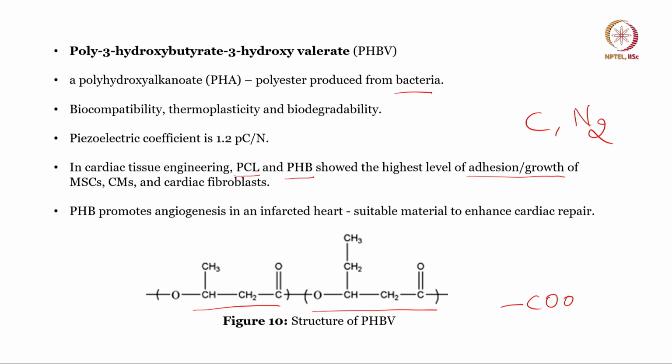Apart from that, this PHBV is also known to promote angiogenesis, that means the generation of new cells. So, that is why it has come out as a suitable material to enhance cardiac repair.